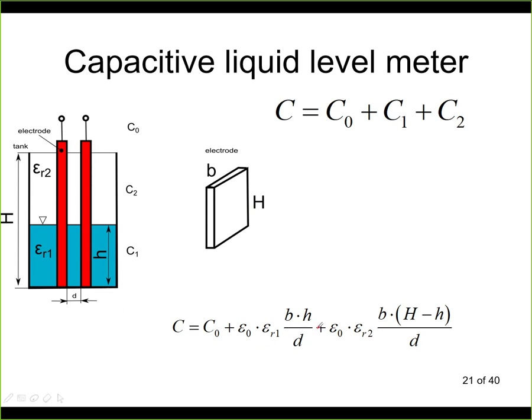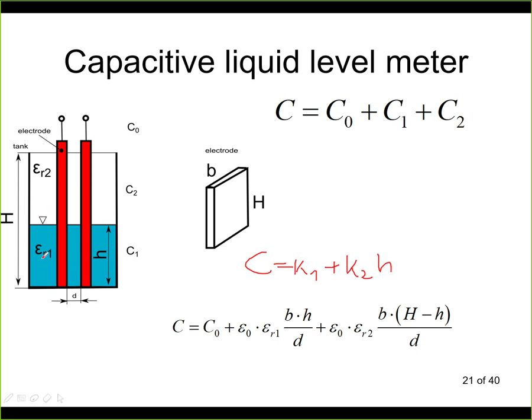But we see that again it has exactly the same structure, so all this is constant and we are looking for H. So we will see that it again will give us the same formula, some constant, let's call it K1 plus K2 times H that we want to measure. So the result is the same, although here we have a different setup.